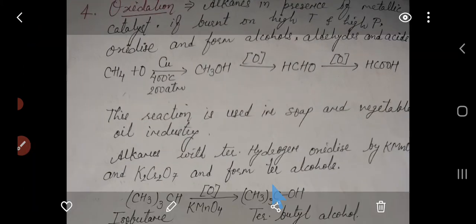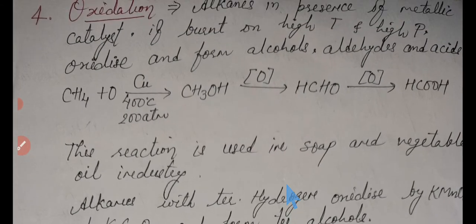Next reaction is oxidation reaction. Combustion is actually complete oxidation, while in oxidation a mixture of CO2 and water is not produced. Instead, we get alcohols, aldehydes and acids. So oxidation takes place in presence of metallic catalyst, and alkanes are heated at high temperature and high pressure.